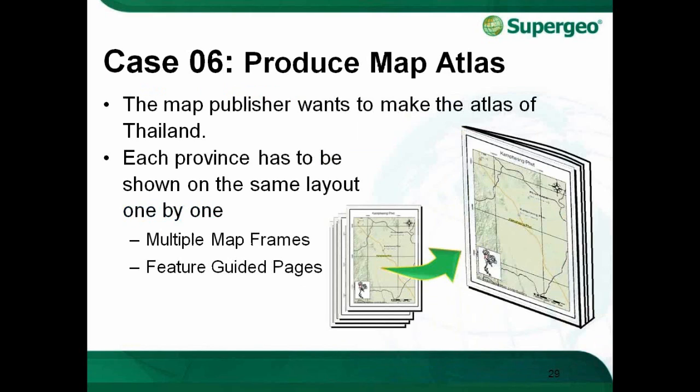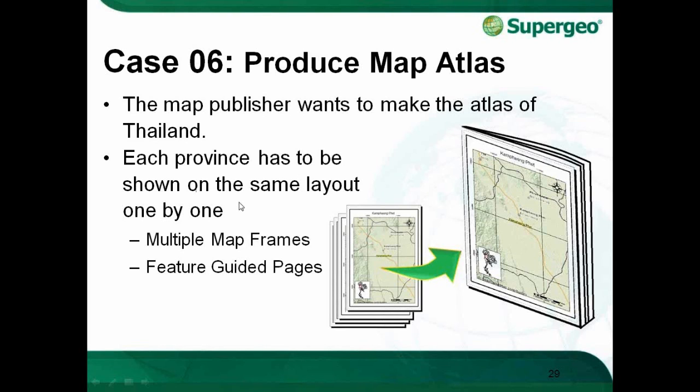Okay, then we go to the final case 6 to show you how to produce a map atlas. Think that you are a map publisher who wants to make an atlas of Thailand, and you want to show each province on the same layout view.